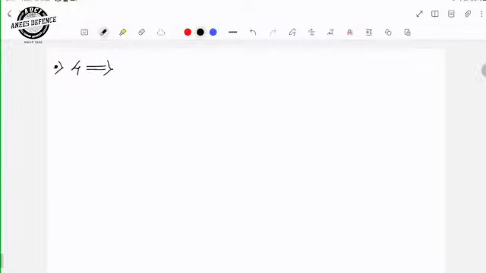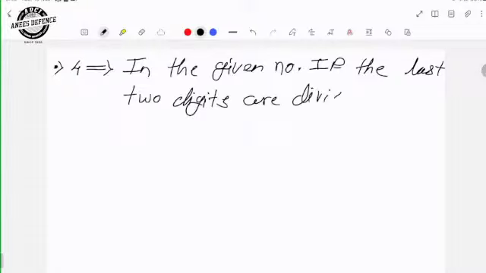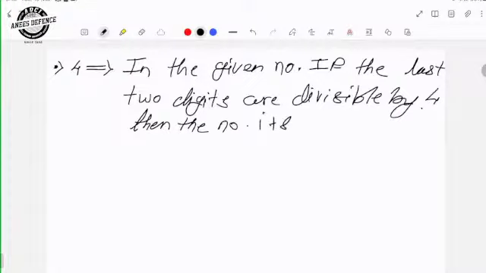Now for 4: if the last two digits of the given number are divisible by 4, then the number itself is divisible by 4.